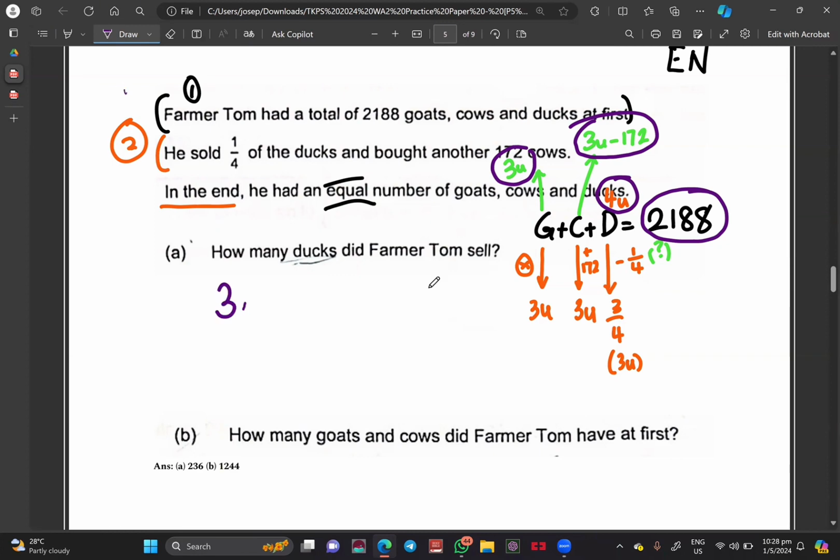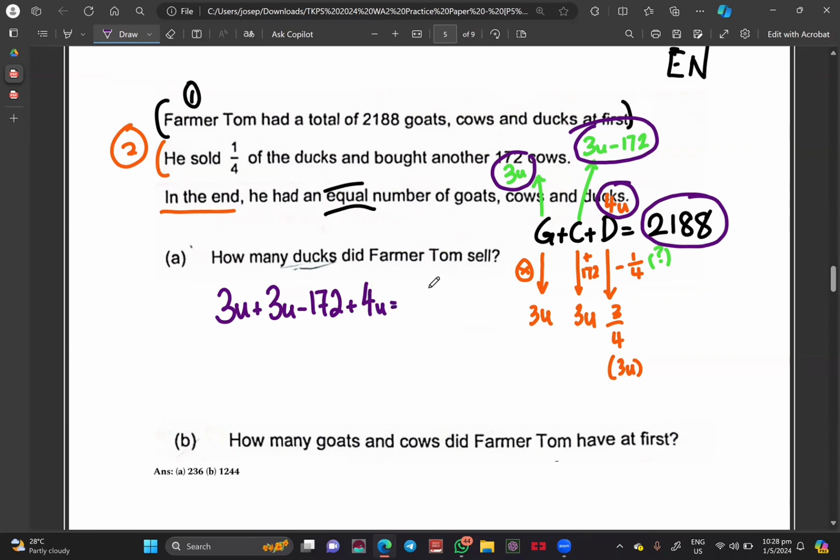So we are just going to write that out first. Plus 4 units is equal to 2188. Now, the moment you're done with this, we are going to apply something called same family sit together. So this and this, they are of the same family. Isn't that true? 3 plus 3 is 6. 6 plus 4 is 10. So 10 units minus 172 equals 2188.